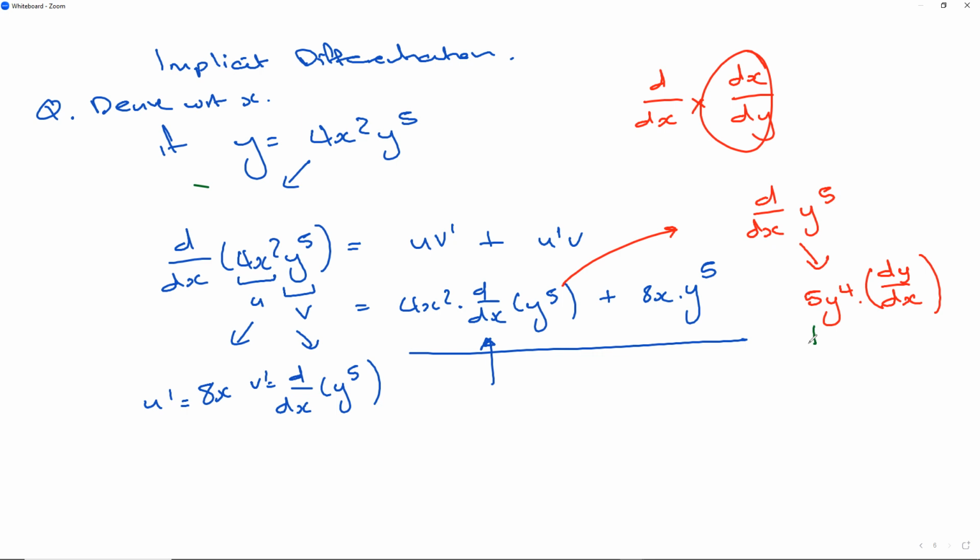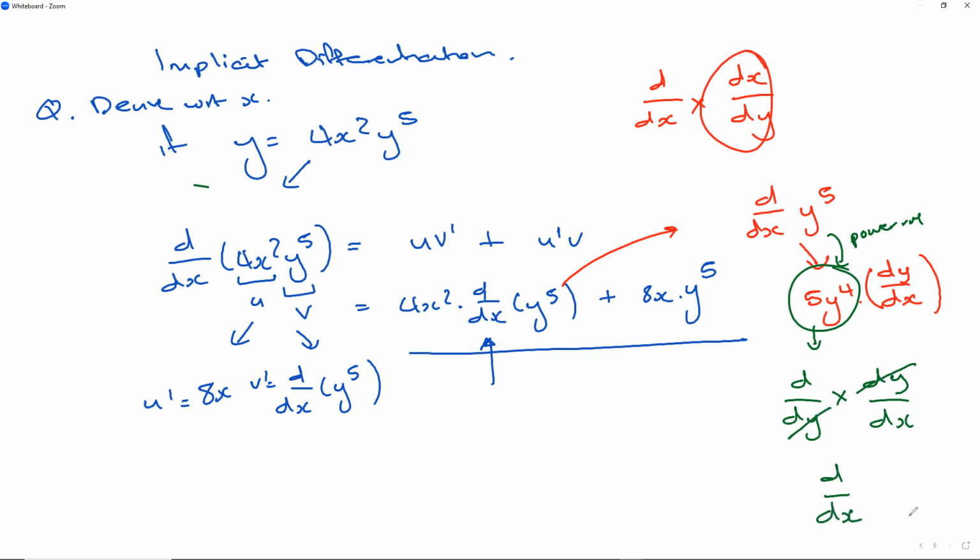This over here, you can see, is the power rule on y, which means this expression is actually dy dy, and the reason I multiplied by dy dx is because inevitably I've actually calculated d dx.